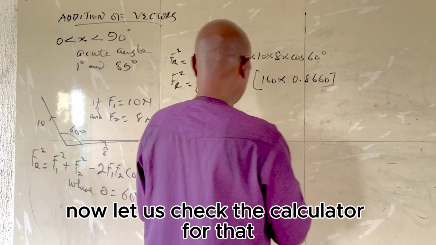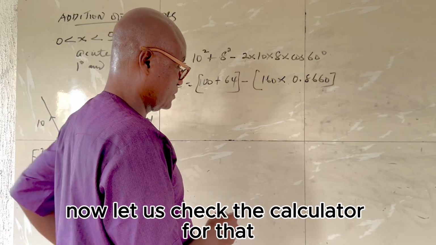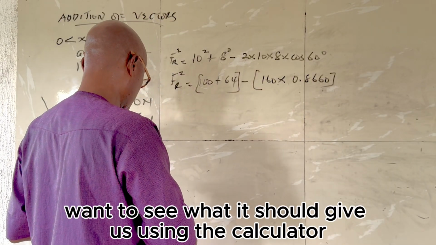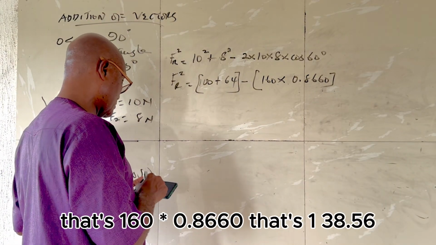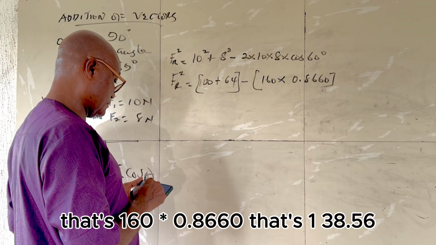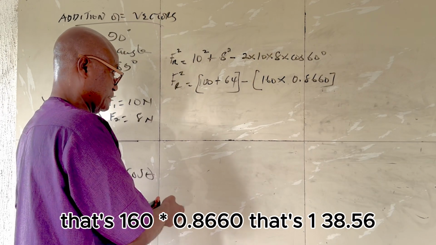Cos 60 is 0.8660. Now let us check the calculator for this part. We want to see what it will give us. That's 160 times 0.8660. That is 138.56.